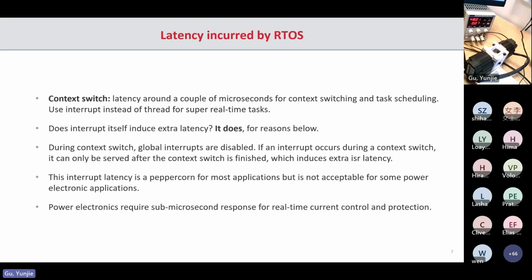People ask, why not use interrupts instead of threads? Of course, you can do that, but even for interrupts, you still have latency introduced by the RTOS. The reason is that during context switch, you have to disable the global interrupt because an interrupt can corrupt the context switching process. So we have to disable the interrupt during the context switch and enable it after that.